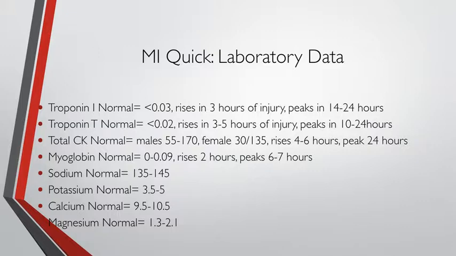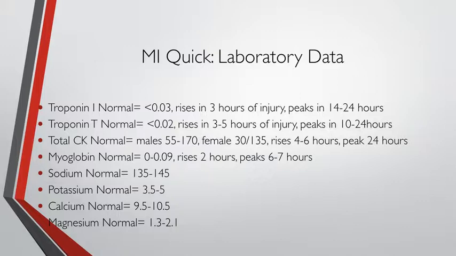Calcium, if it's low, we could see increased QT interval. We can see dysrhythmias, irregular pulses. If it's too high, we can see a decreased QT interval and hypertension. And then lastly, magnesium. If it's too low, we can see ventricular arrhythmias or cardiac irritability. If it's too high, we can see wide PRIs, QTs, and QRSs.